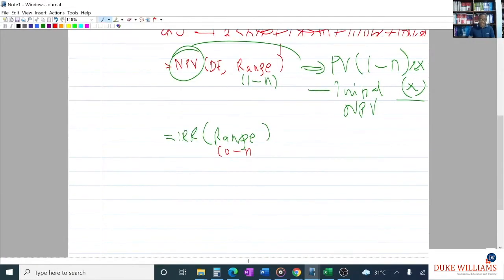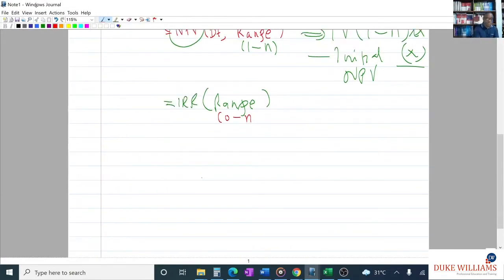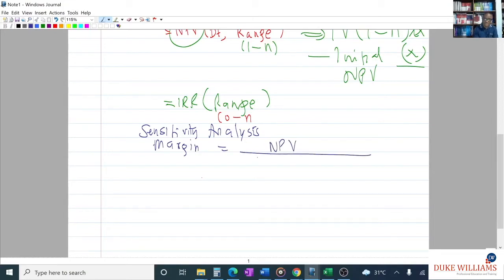And obviously, this is what one will refer to as sensitivity analysis. In sensitivity analysis, we calculate the sensitivity margin, which is given as the NPV divided by the present value of the cash flows under consideration, and then multiplied by 100.